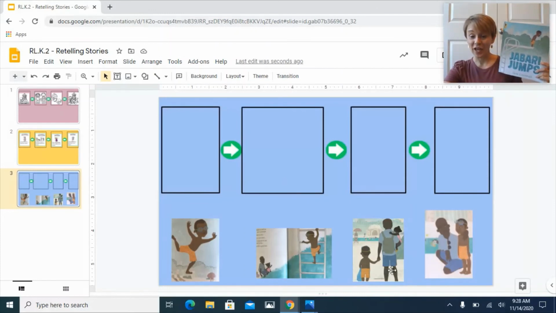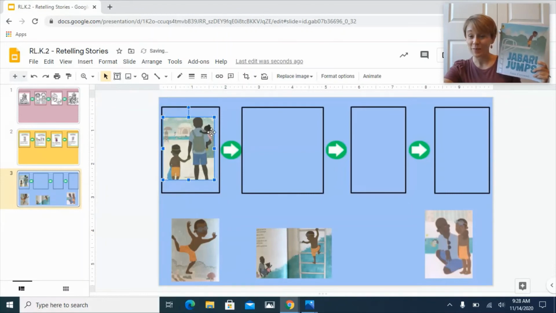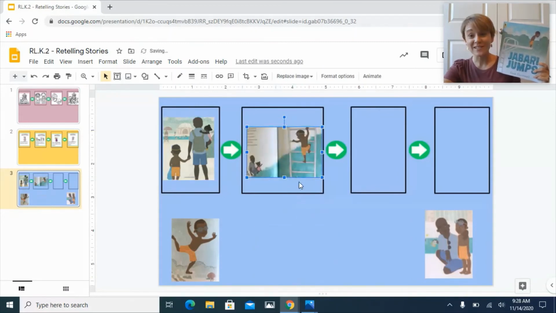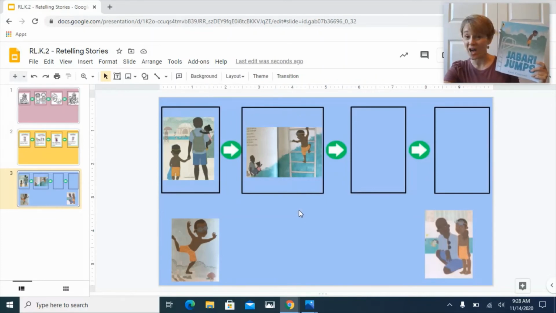At the beginning, Jabari arrives at the swimming pool with his dad and his baby sister and tells his dad that he's ready to jump from the diving board. Jabari does climb the ladder, but we noticed he began to get a little nervous and he did not jump on his first try.